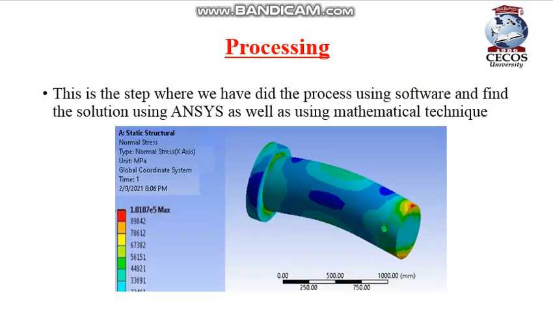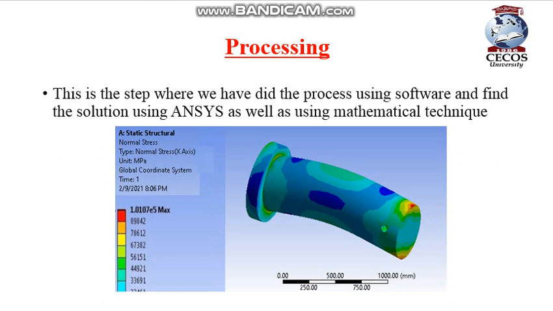Okay, now let's move to our processing steps. In this step we have to do the processing using software. So mostly for processing steps we use the ANSYS software, and in ANSYS we use a mathematical technique. By applying a force in our ANSYS software, what we have got is that the maximum stress at which our material will be deformed is 1.01 multiplied by 10 to the power 5 Pascal.